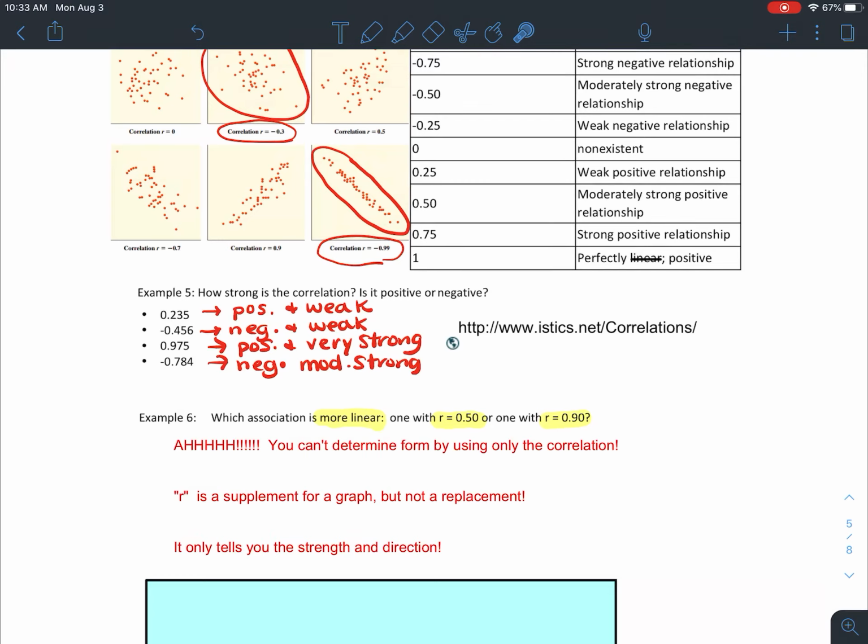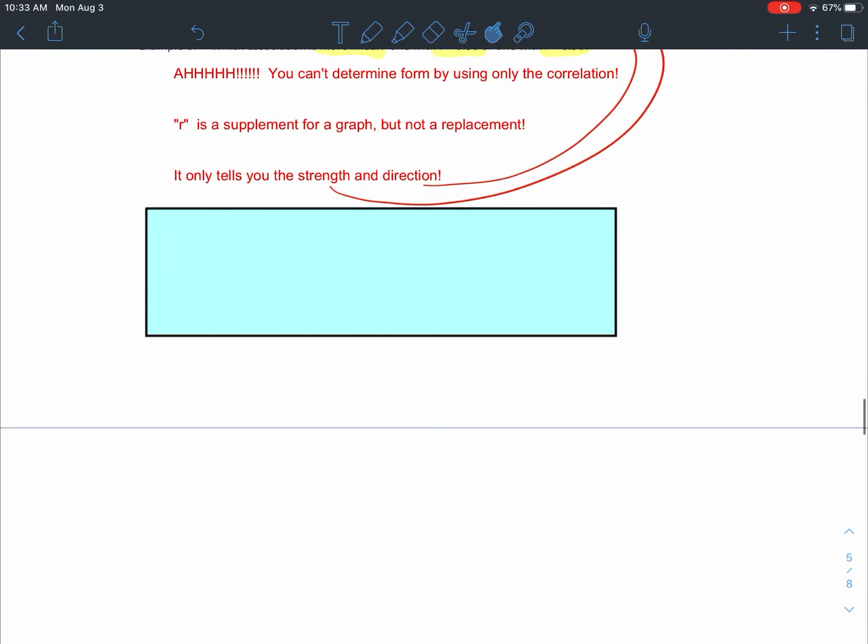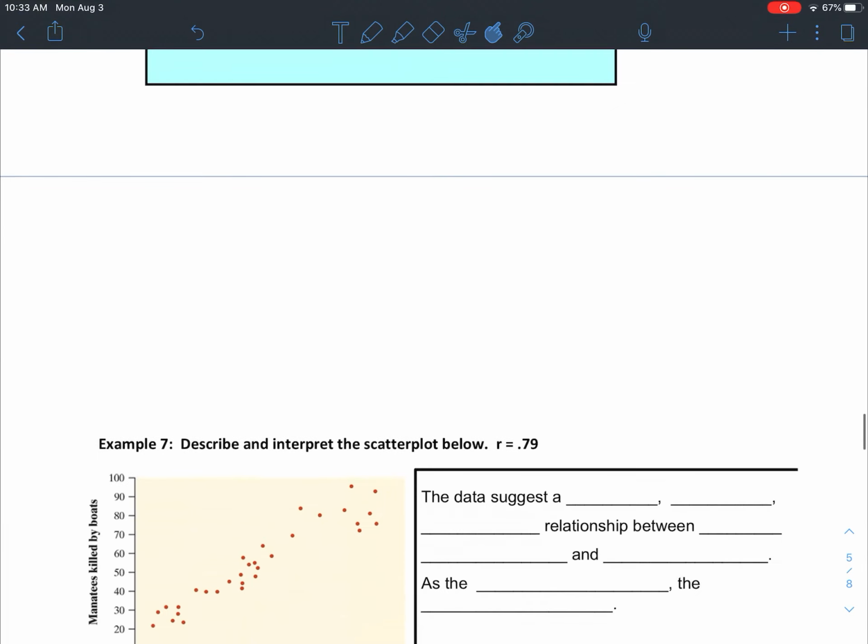You would want the scatter plot to actually look at to determine the form. R is just a supplement for the graph. It is in no way a replacement. So you really need to be able to see the graph in order to make a comment about the linearity. The R value will only tell you about the strength and the direction. Strength and direction only.